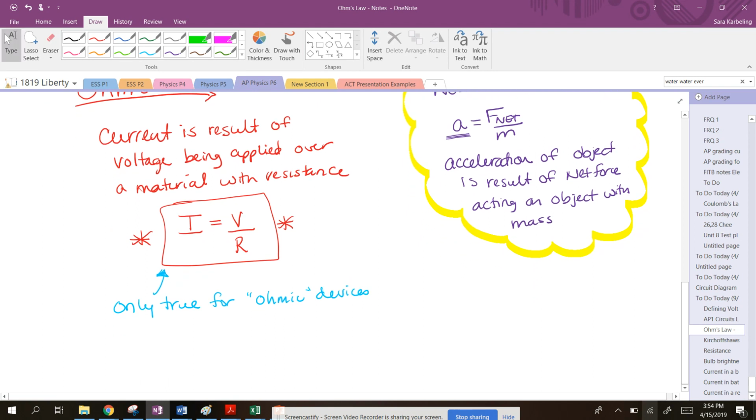Ohmic devices are things that follow Ohm's law. It's kind of a circular definition, but the rule is these ohmic devices are ones in which the resistance is not dependent on temperature or other outside factors.